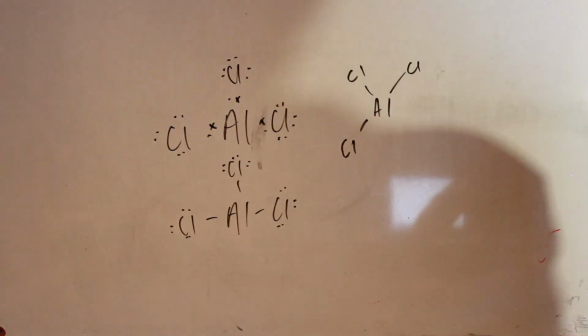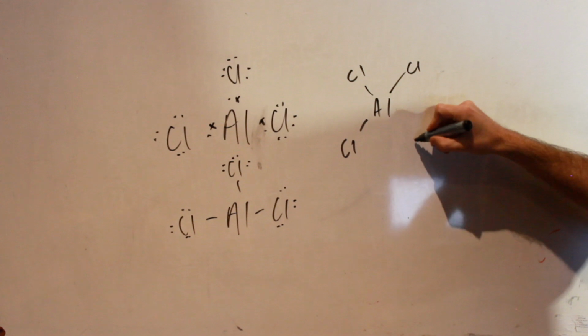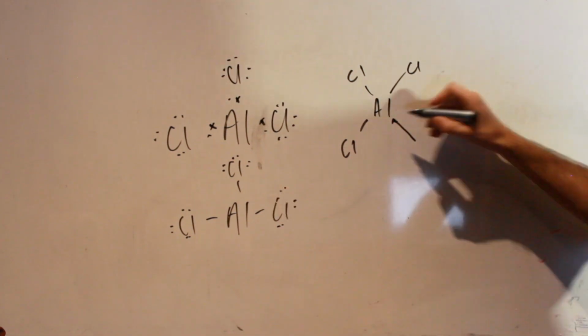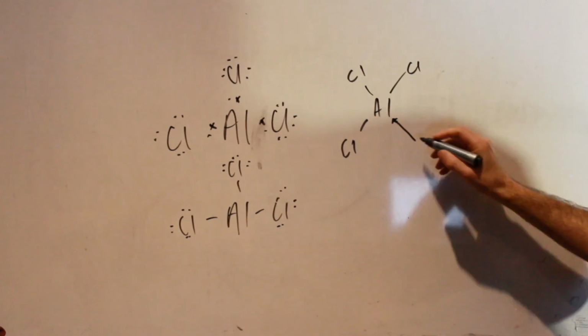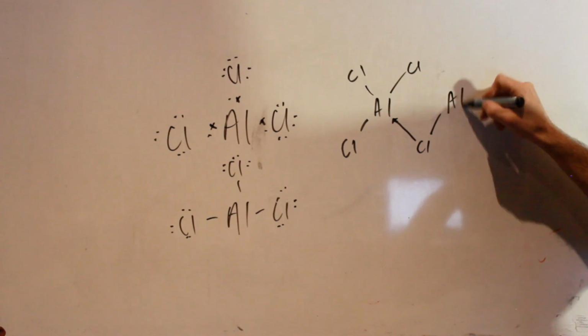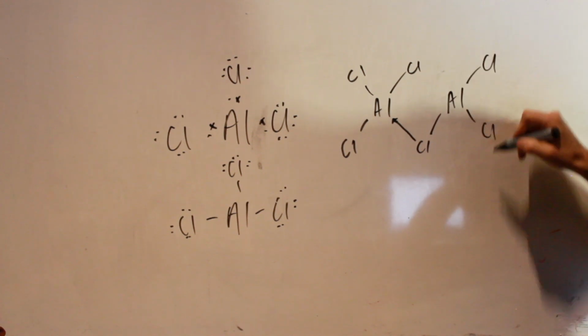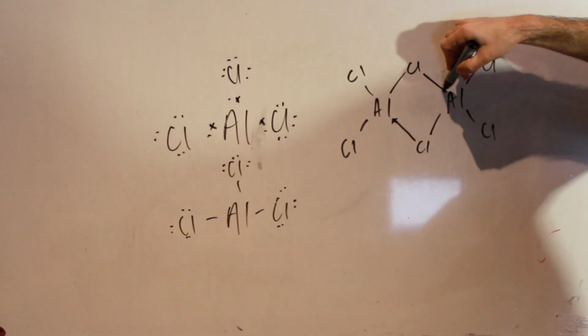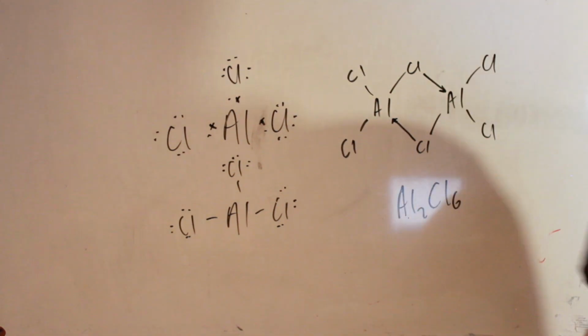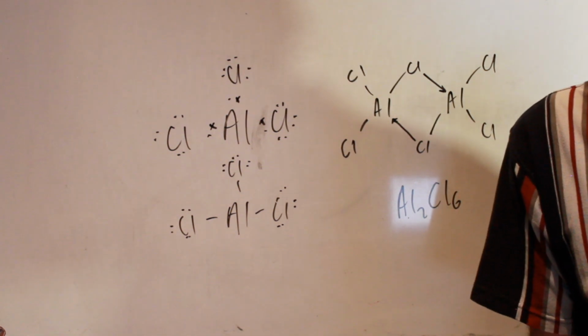You could form a coordinate bond where the chlorine shares the electrons that it has to form a covalent bond here. And then this is from a second molecule of AlCl3. But then you can get a second dative bond like that. So you get this Al2Cl6 molecule at the lower temperatures.